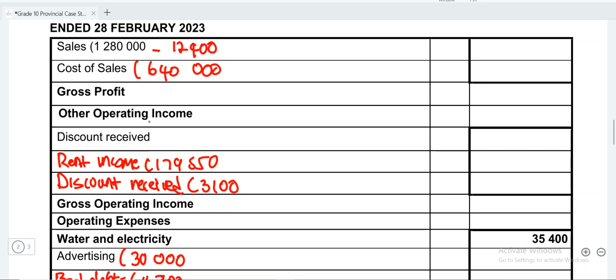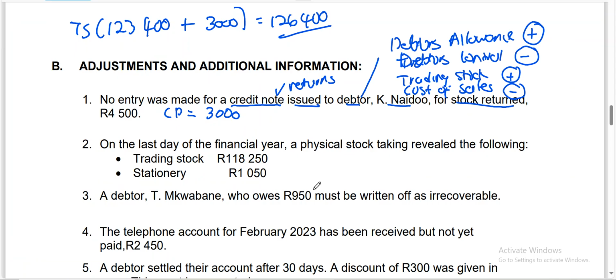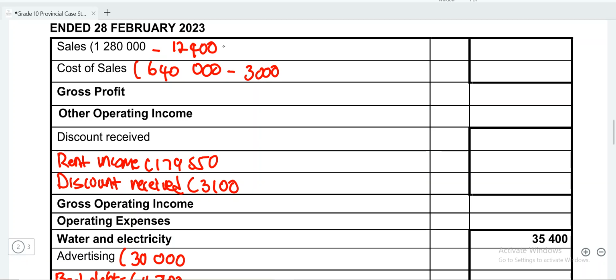And we must also remember that our debtors allowance increases, and the more debtors allowance increases, the more your sales go down. So we'll also have to subtract 4,500 under our sales so that we can get the correct net sales.